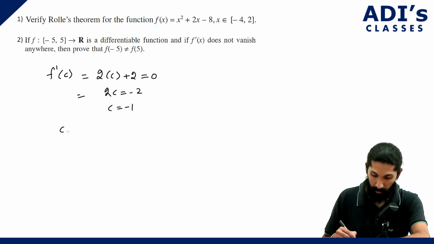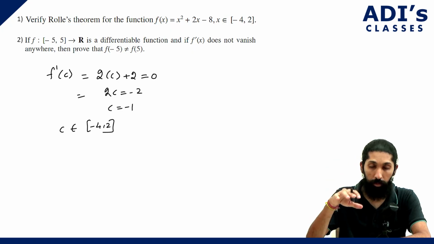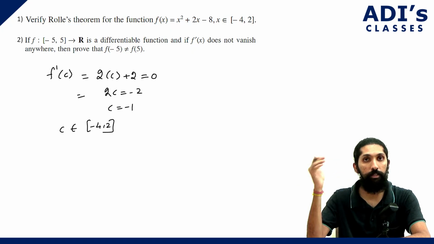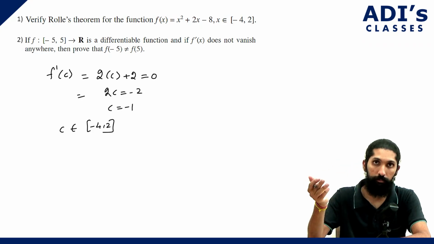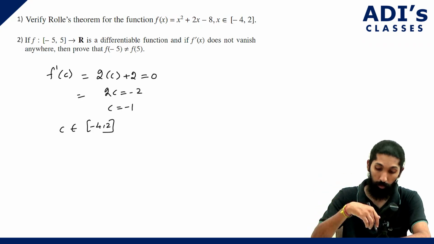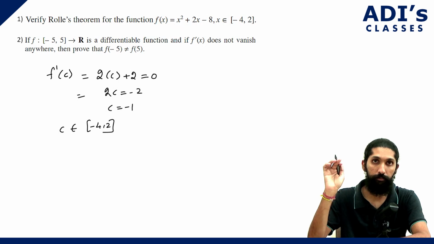So c belongs to (-4, 2). So what do we have now? We have a function which satisfies all the conditions of Rolle's theorem, isn't it? So what can we say? Rolle's theorem for the function f of x is verified.